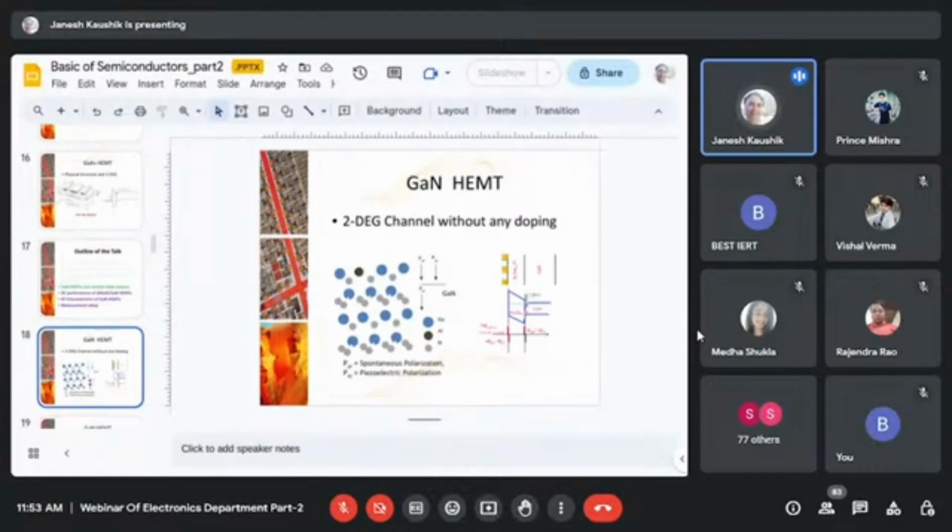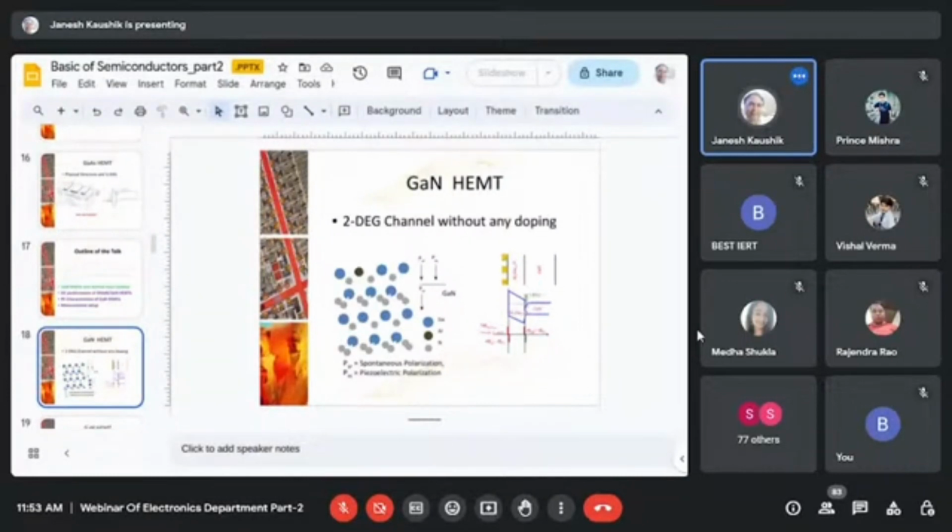So, if you see in the band diagram of this AlGaN-GaN heterostructure, from where the 2DEG has come, we have not doped this AlGaN layer. We call it a barrier layer, and GaN is a channel layer.